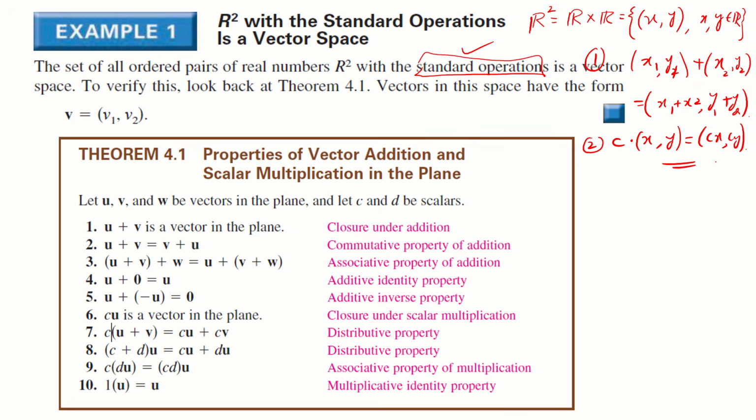Is it a vector space? Why? There is a theorem 4.1 in which these conditions are satisfied for vectors. Because if you check, if I take any two vectors (x1, y1) and (x2, y2) and we add them, we still get an ordered pair.